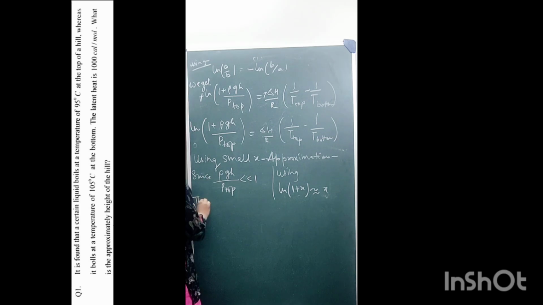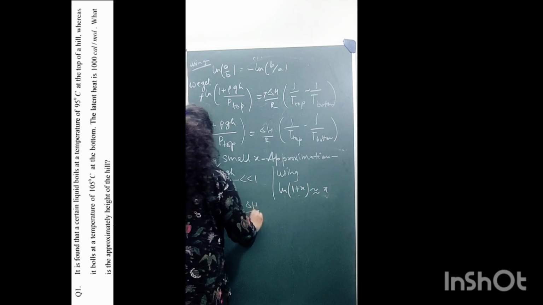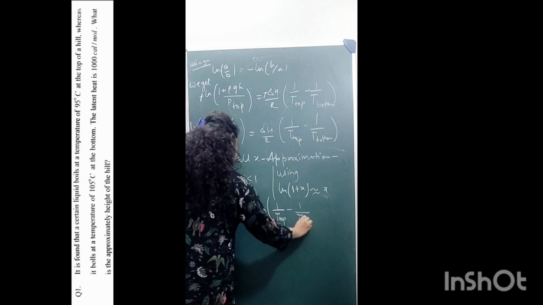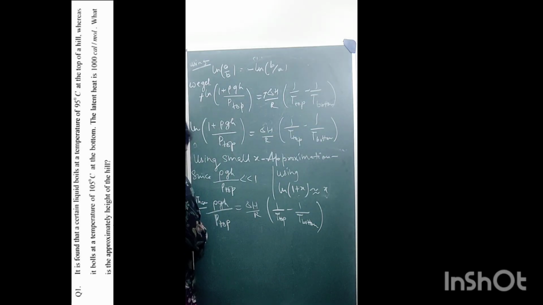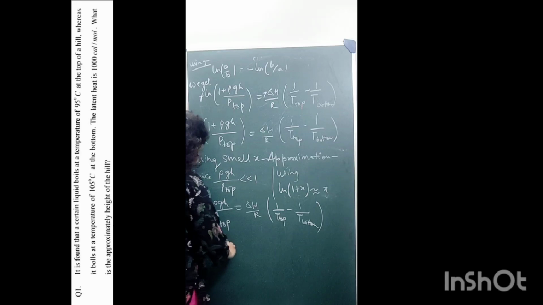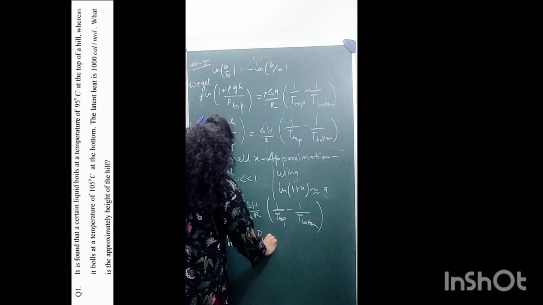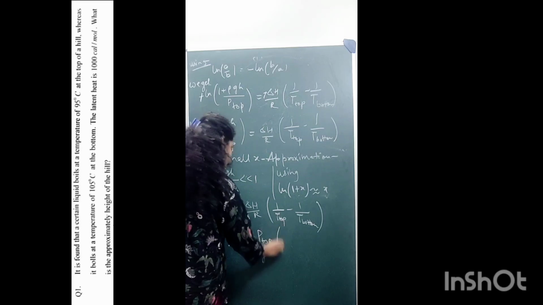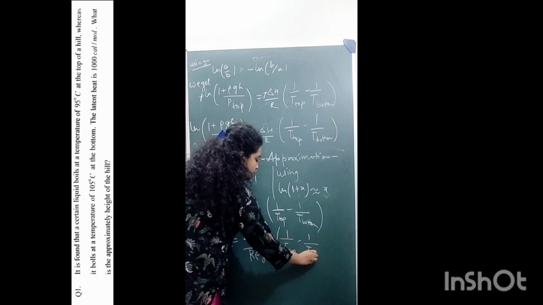So then I will get rho gH by P top is equal to delta H by R times 1 upon T top minus 1 upon T bottom. Now this thing becomes your H value, that is delta H by P top upon R rho g, times 1 upon T top minus 1 upon T bottom.